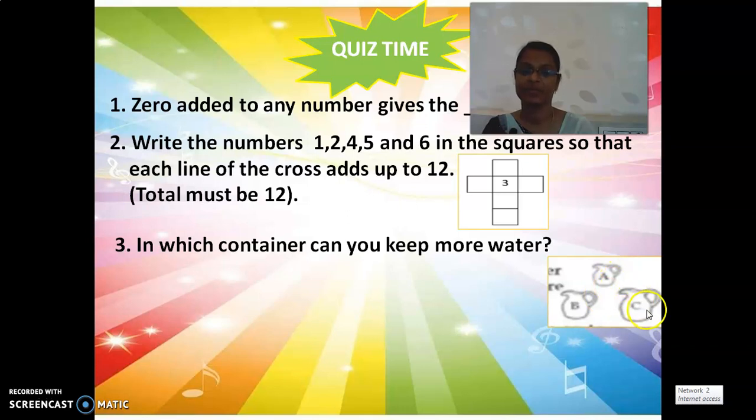In the last quiz time, I gave you a seesaw, about who has more capacity with the weight. And here, it refers to the concept of liquid, which we have learned. So jug A, B, C. Observe the picture and see which container can hold more water.